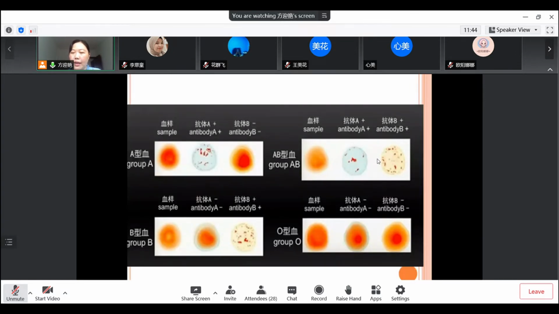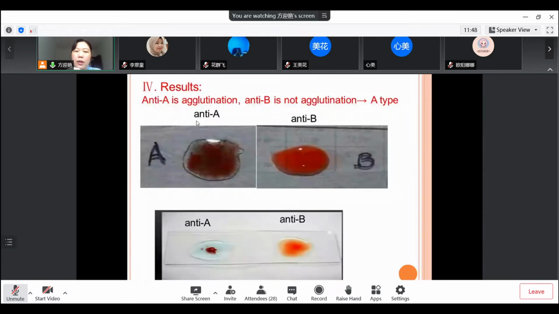For example, we describe that the result is that anti-A is agglutination, anti-B is not agglutination, and then we can know that this is the A type group. This result includes both the pictures and the words. We should describe the result.